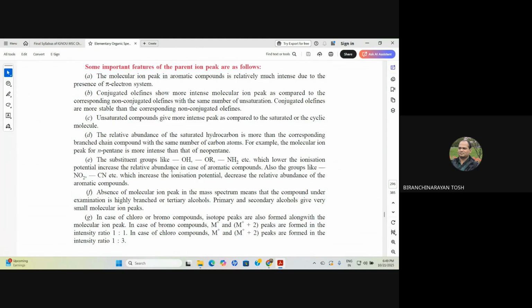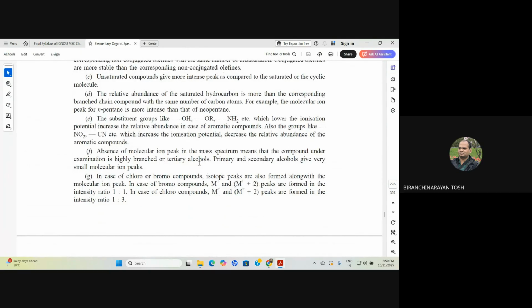Substituent groups like hydroxyl, methoxyl and amine have lone pairs of electrons. Therefore, they will have lower ionization potential, which will increase the relative abundance in case of aromatic compounds. Also, groups like nitro and cyano, which increase the ionization potential, decrease the relative abundance of the aromatic compound.